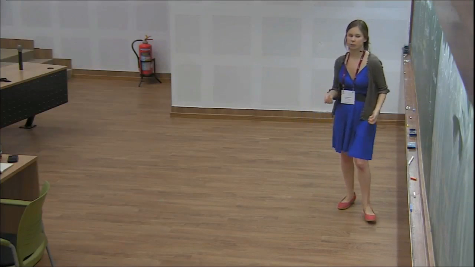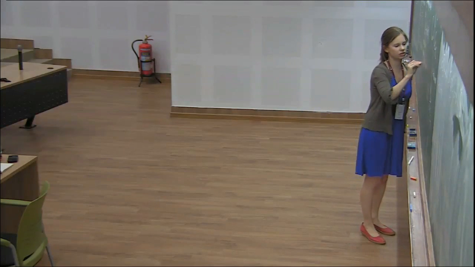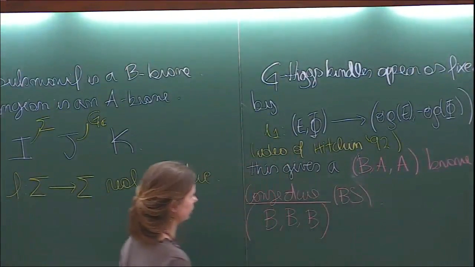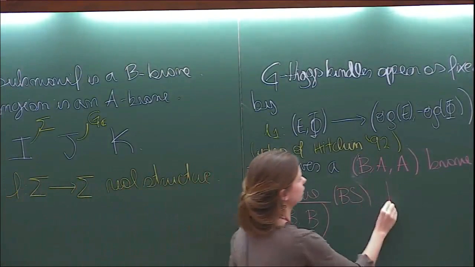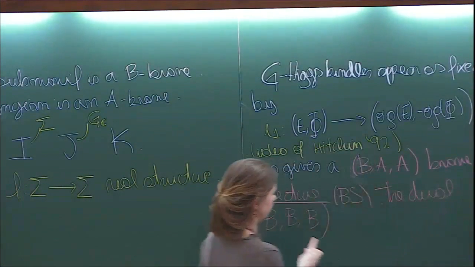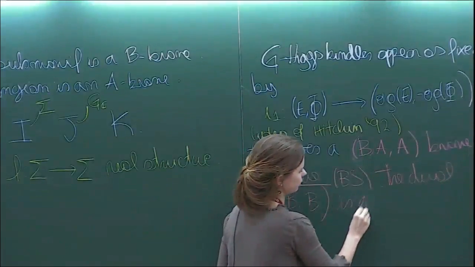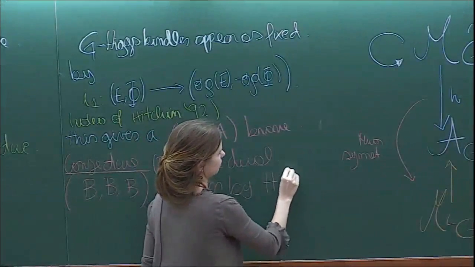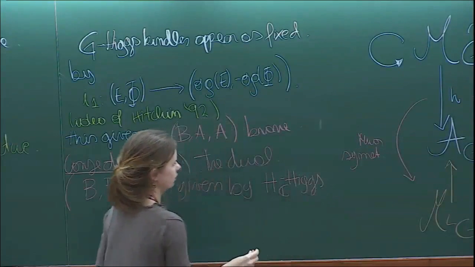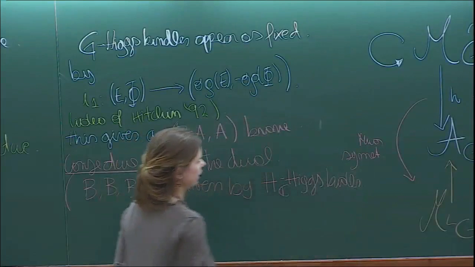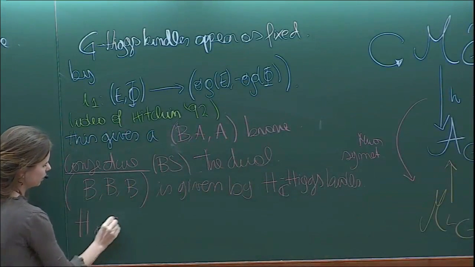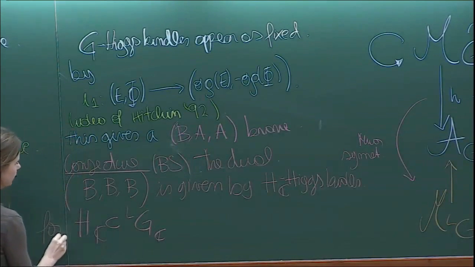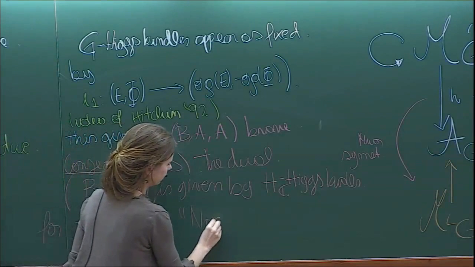There's not been proven anything, but what we can conjecture in this case, conjecture with David Baraglia back in 2013, was that the dual BBB brane is given by H_C Higgs bundles, where I should tell you who H_C is. H_C is a complex subgroup of the Langlands dual group, where, so for H_C was known as the Nadler group.